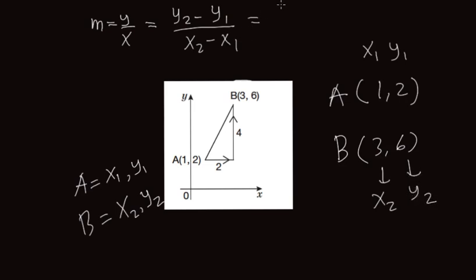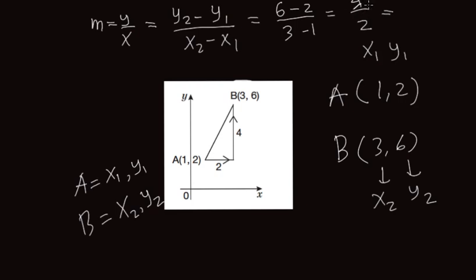Okay, we substitute the numbers. y2 is 6. Subtract y1, which is 2. x2 is 3. x1 is 1. So we get 4 over 2.